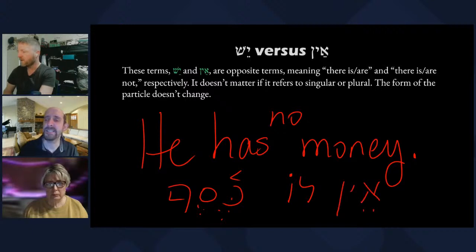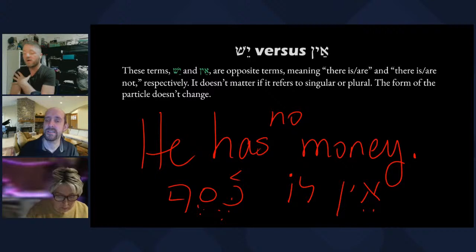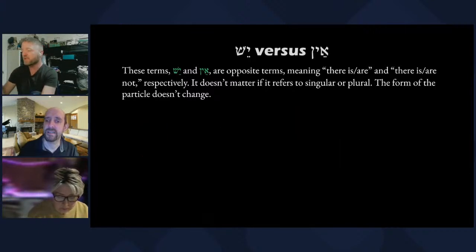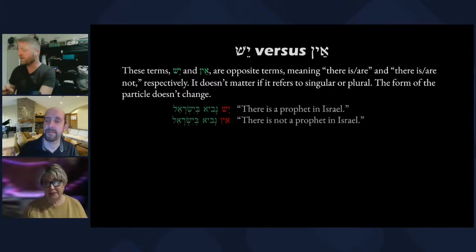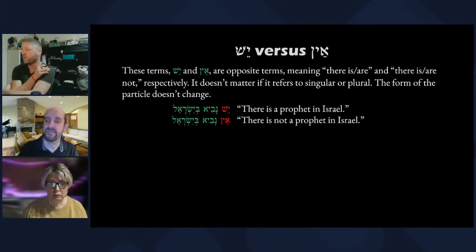En lo kesef. En li kesef. למשפחה שלי אין כסף. My family has no money. למשפחתי אין כסף. It's part of life. En kesef.